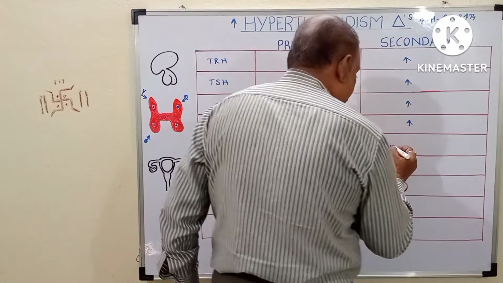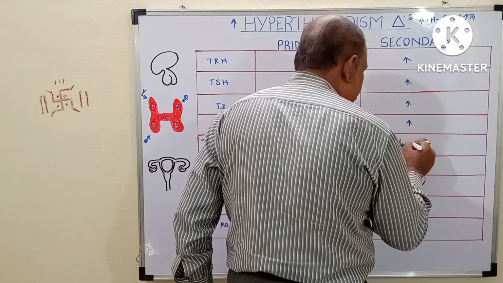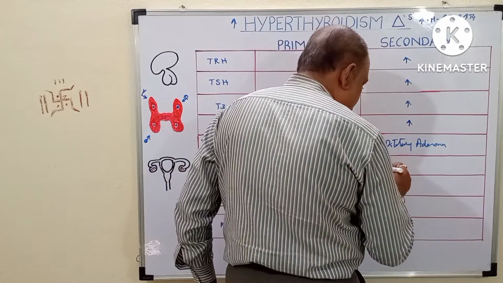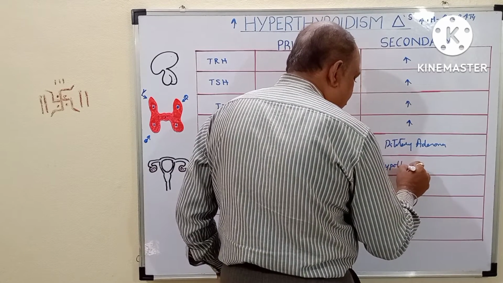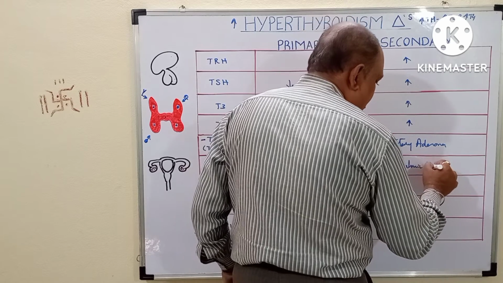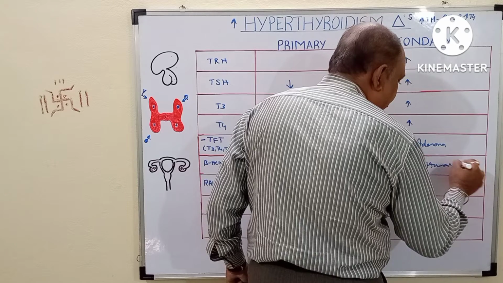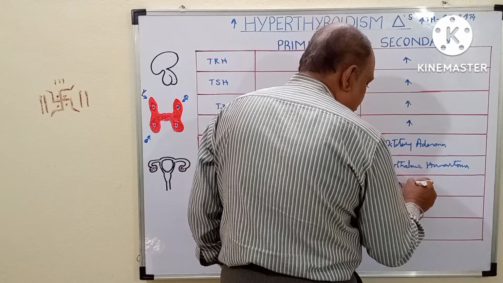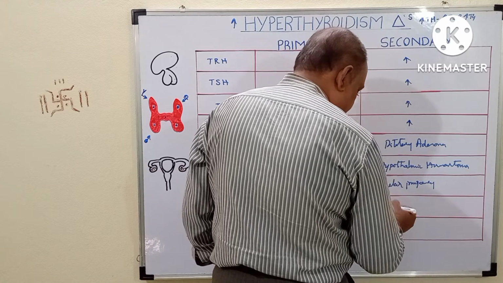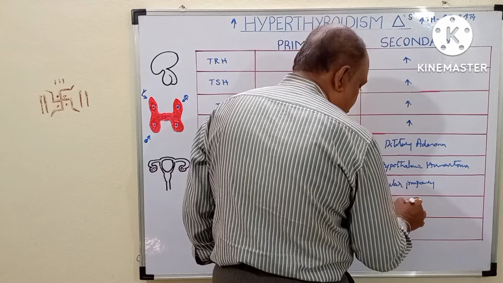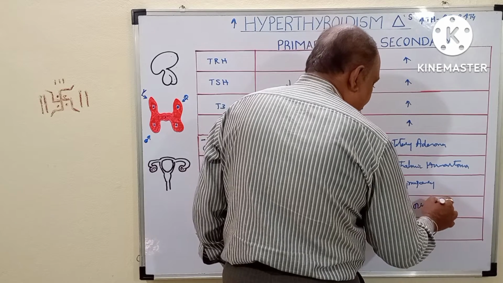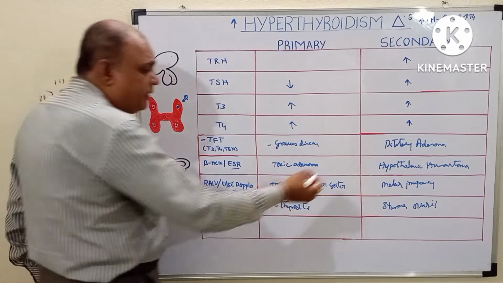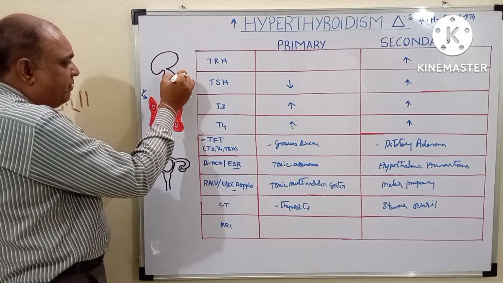The best examples are pituitary adenoma, and hypothalamic hamartoma, and molar pregnancy, and struma ovarii.